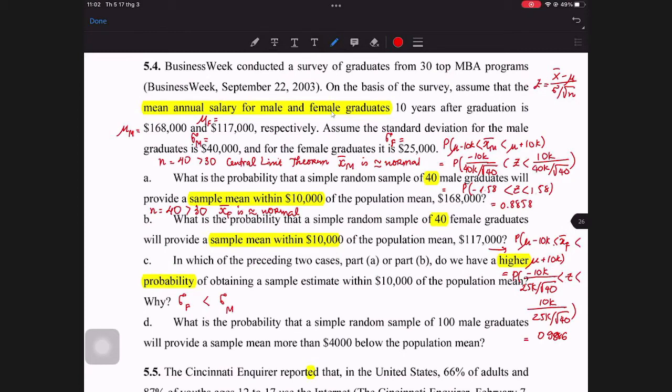So smaller standard deviation for female means that the salaries of female graduates are not much different from one another. But for male, the salaries are more different from one another than for female. Because of the higher standard deviation for male graduates, the probability is lower.